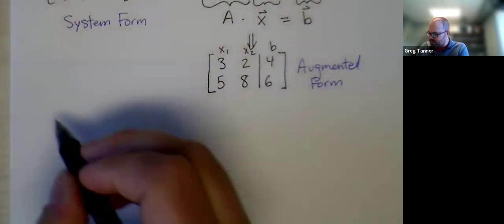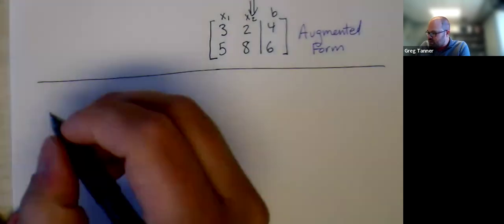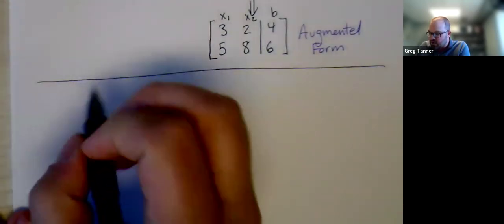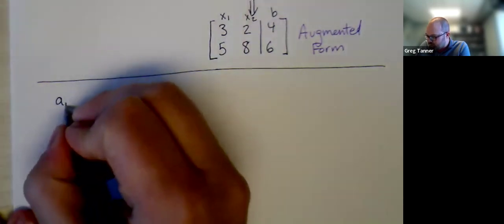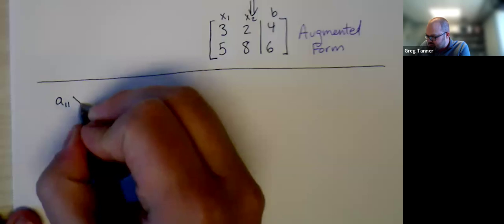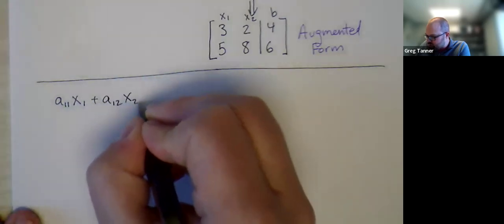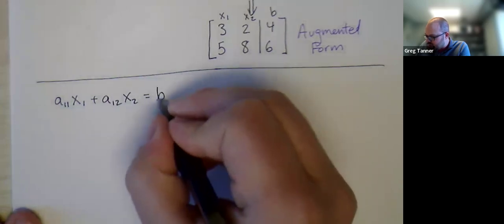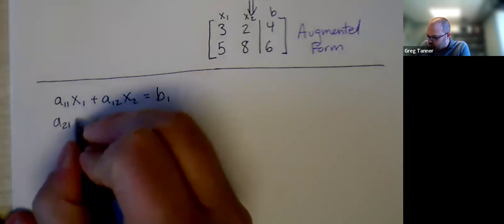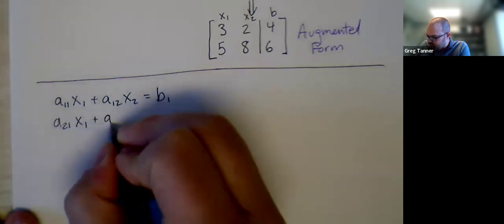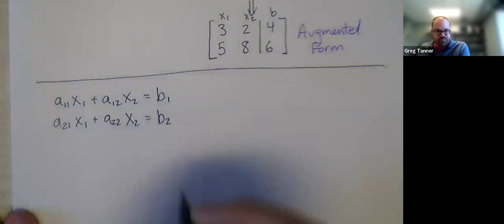And so let's write out a general system. Maybe my coefficients, instead of knowing their values as 3, 2, 5, and 8, might look like A11 times X1 plus A12 X2 equals B1. And then A21 X1 plus A22 X2 equals B2.